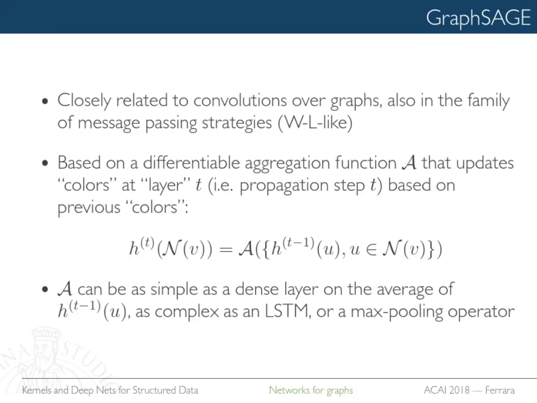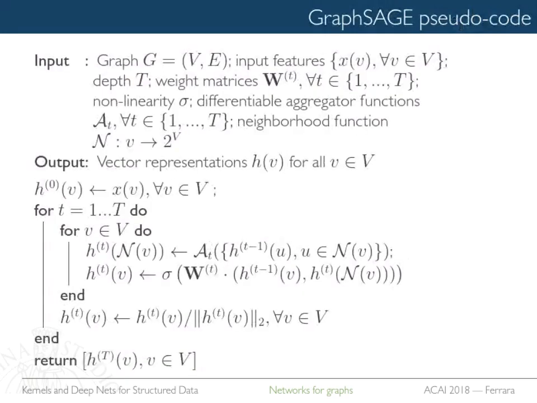So instead of summing, this aggregator could be, for example, an LSTM, if you have some ordering, could be max pooling, could be an average. They experiment with different things, but that's basically the only difference. The idea is the same, it is message passing, okay?